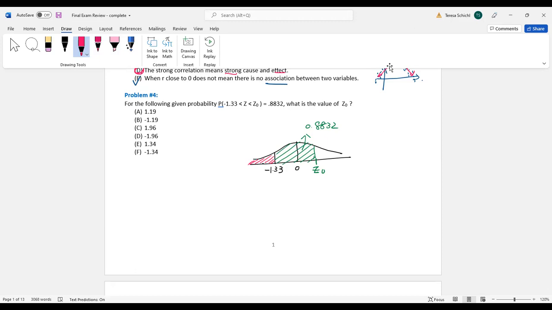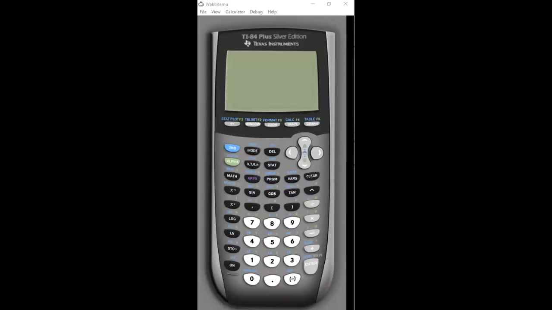All right, so let's go to the calculator here. Okay, so this is our calculator. Let's turn the calculator on. The first thing, we do the second distribution, normal CDF. We want the pink area we just drew, right?